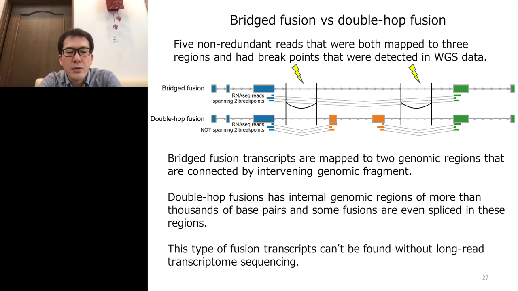The double hop fusions we present here have an internal genomic region of more than thousands of base pairs, and some fusions are even spliced in these regions. This type of fusion transcript can't be found without long-read transcriptome sequencing.